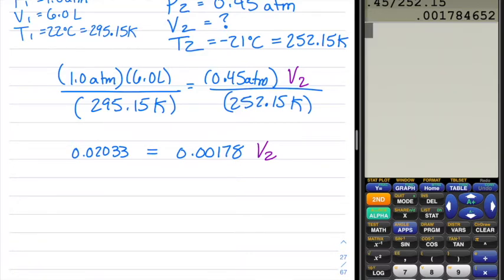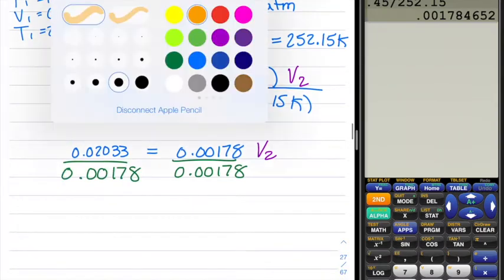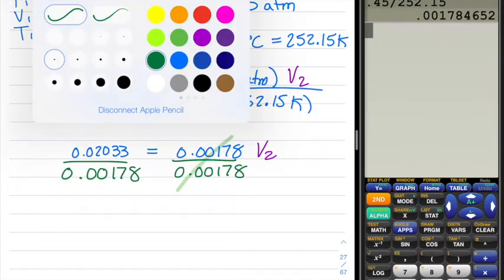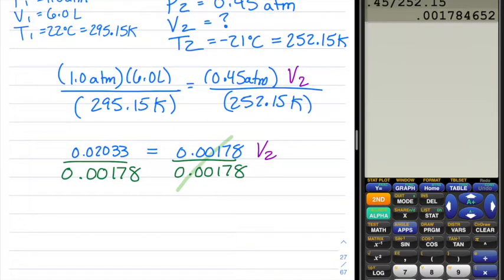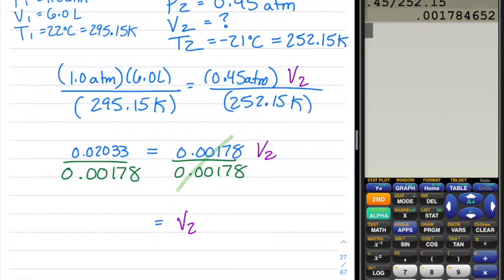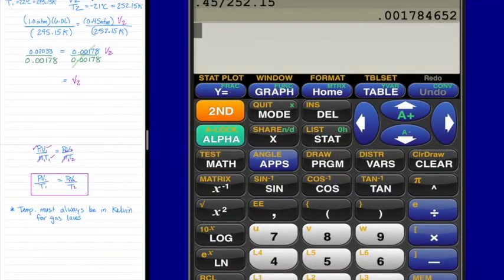So now I'm going to divide both sides by this 0.00178, and we're going to get our V2. I'm going to do 0.020 and just throw in a few figs here.